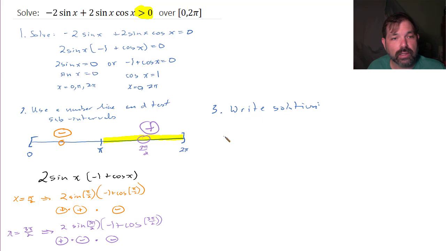Negative 2 sine x plus 2 sine x cosine x is greater than 0 on the interval from pi to 2 pi, because that interval, for its inputs, gave me a positive output. So there's the solution.